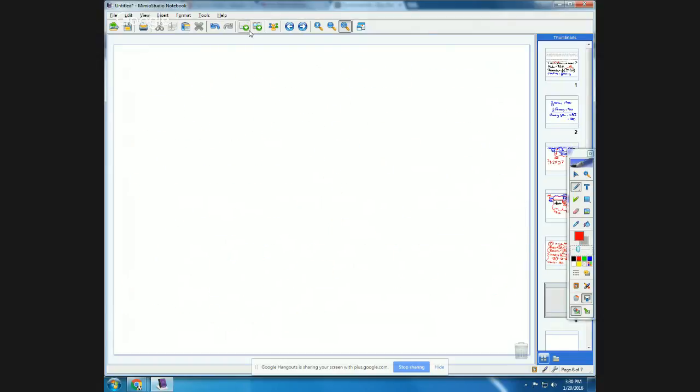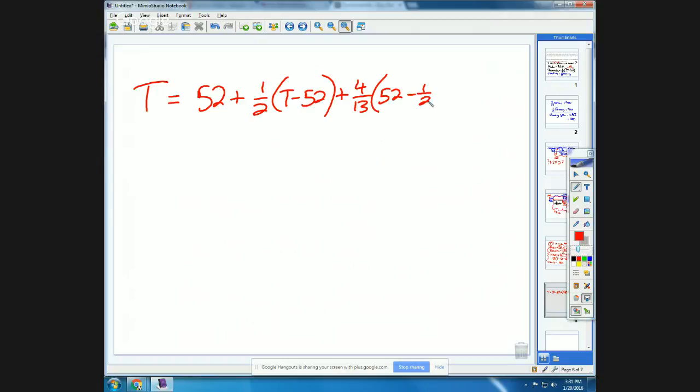So new page. The total has to be equal to the radio, 52, plus the presents, 1/2 of parentheses t minus 52, plus the checking, which I think is 4/13 times parentheses, 52 minus 1/2. No, I'm missing something.